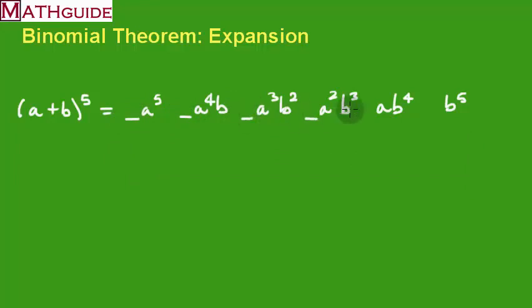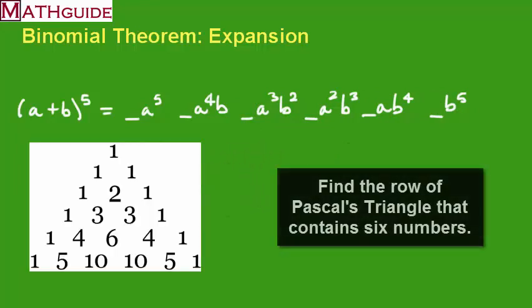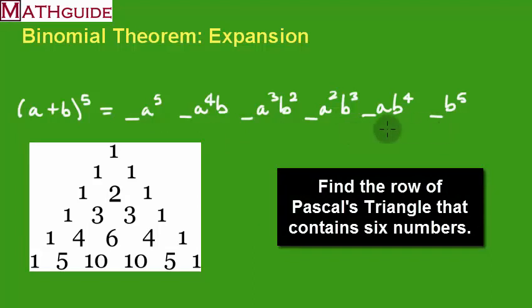The way you get these values for these coefficients is you use Pascal's triangle, and you find the row of Pascal's triangle that matches the number that I need, and I need 1, 2, 3, 4, 5, 6 numbers.